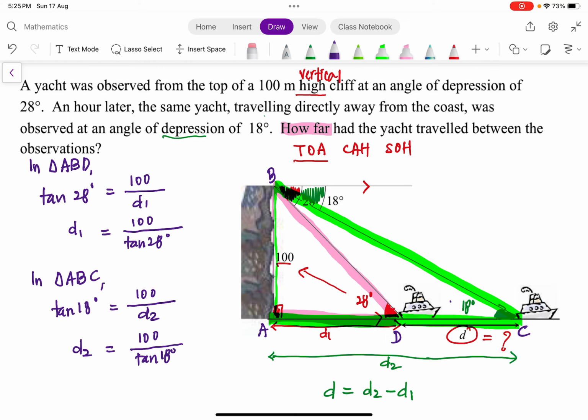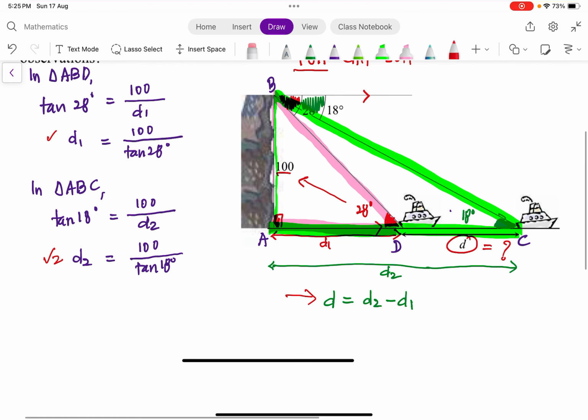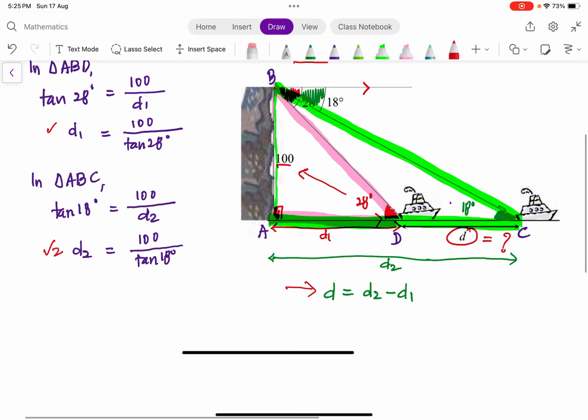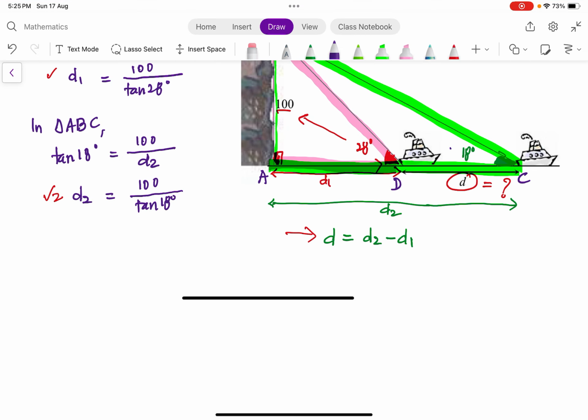So I already have d1 and I already have d2, and now I am ready to find the distance d. Let me put all this together. Therefore d is equal to d2, which is 100 over tangent 18 degrees, minus 100 over tangent 28 degrees.